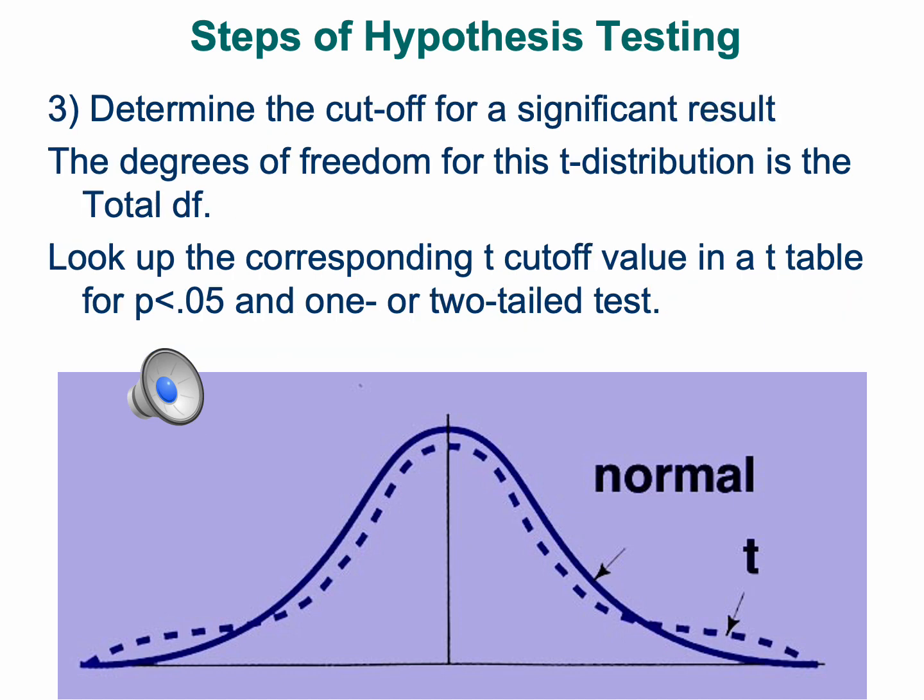All right, step 3 of hypothesis testing is to determine the cutoff for a significant result. And just like before, we usually pick conventional values of 0.05 or 0.01. And you look up in a table, usually for t in the back of a textbook somewhere, the cutoff values for t-scores that correspond to probability p less than 0.05 or p less than 0.01.